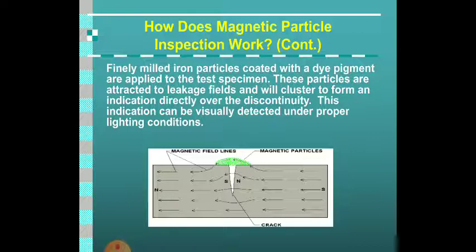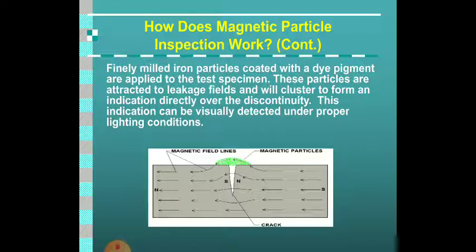As you can see in the figure, there is a bar magnet in which the magnetic field flows from south to north, but there is a crack in between, and due to that crack a south and north pole are created at that particular location.